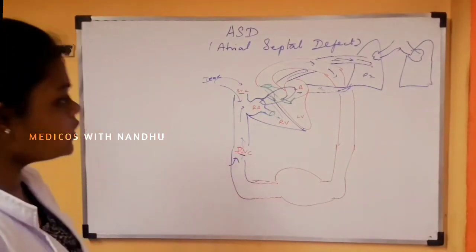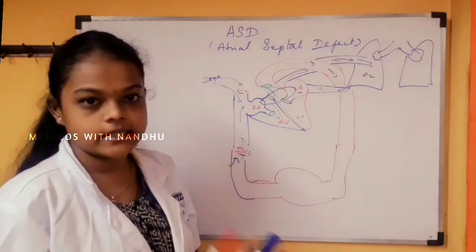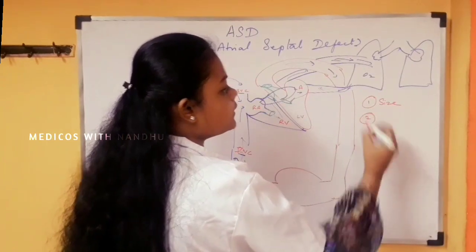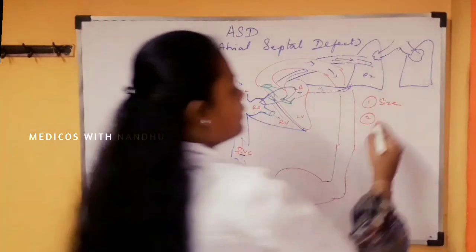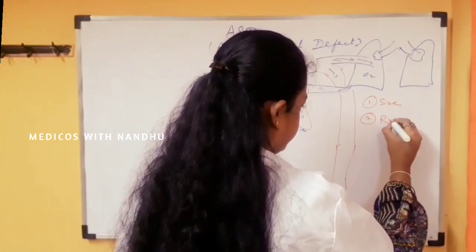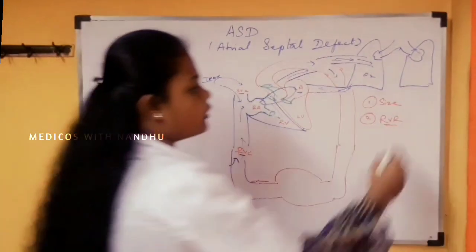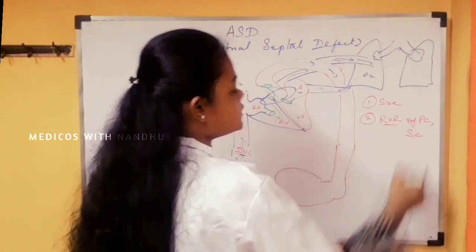As I told you, the size of the shunt depends on the size of the defect. It also depends on the relative vascular resistance of the pulmonary circulation and systemic circulation.